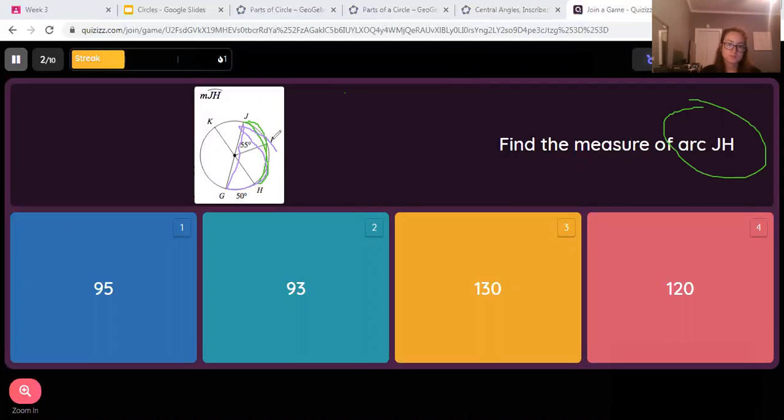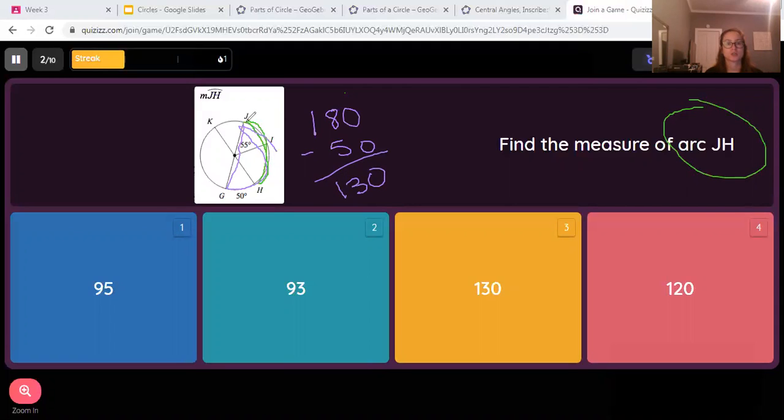So if that whole thing is 180 degrees, we would take 180 and then subtract the pieces that we already know. So the only piece that is not in the central angle arc that we are trying to find, this green part, is this 50. So we just have to take that 50 away from 180, and that will give us the green part of 130 degrees.